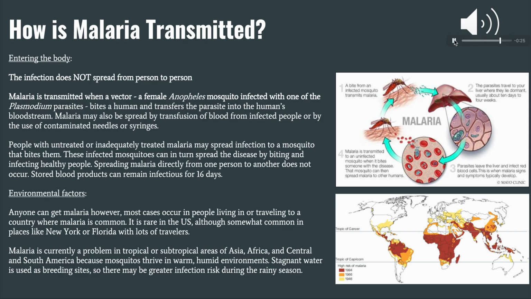And that's because mosquitoes, the vector of the disease, thrive in warm, humid environments, and they use the stagnant water in these tropical rainforests as breeding sites. So there's a greater risk of infection in places with a lot of water. It is rare in the United States, although it is more common in places like Florida or New York that have a lot of travelers.